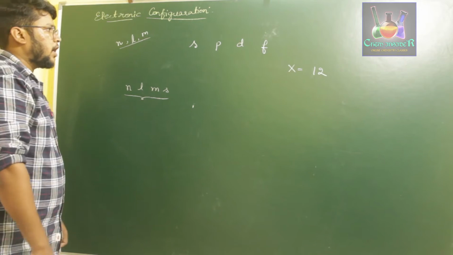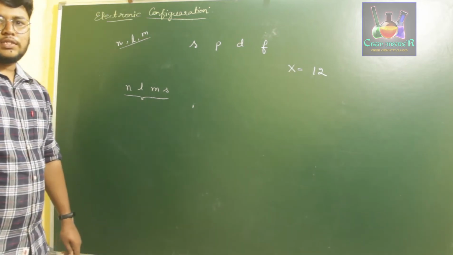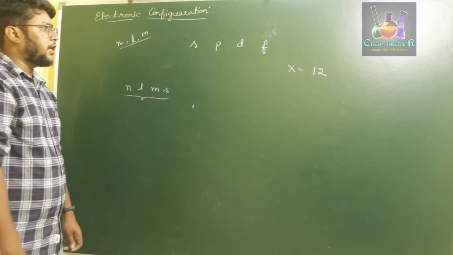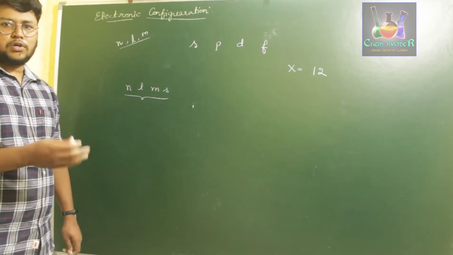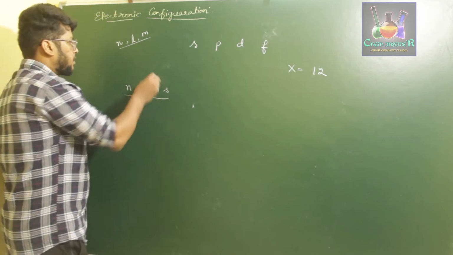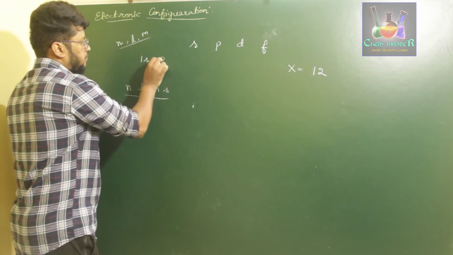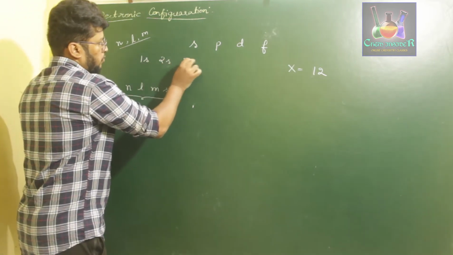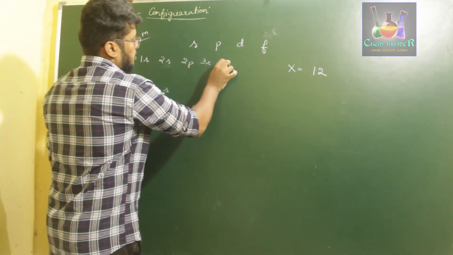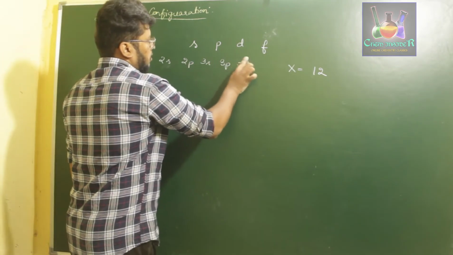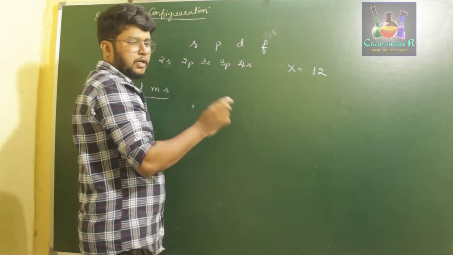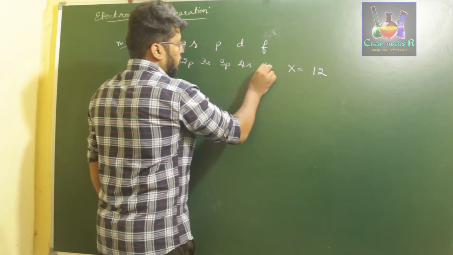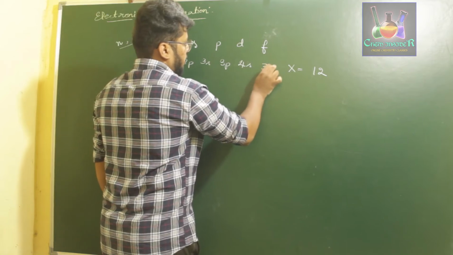First you have to consider the Aufbau principle of writing down the subshells or orbitals in the increasing order of energy. We start with 1s, 2s, 2p, 3s, 3p. Instead of 3d, we get 4s because 3d has more energy compared to 4s. So 4s, and then comes 3d and so on.